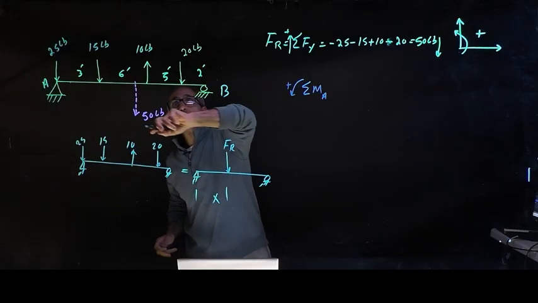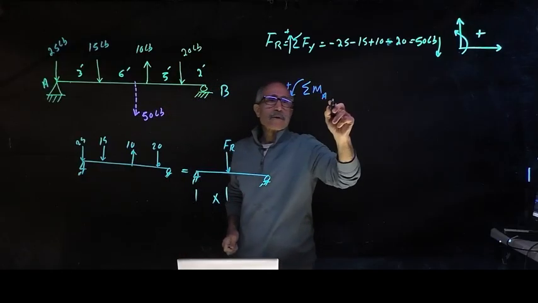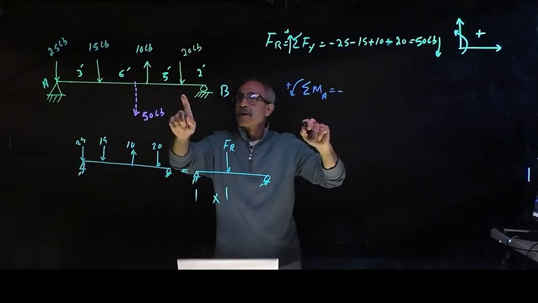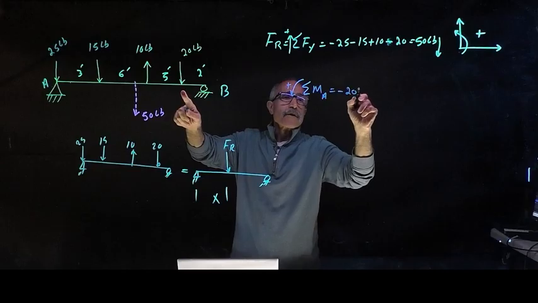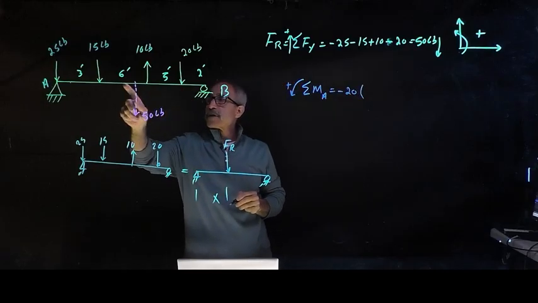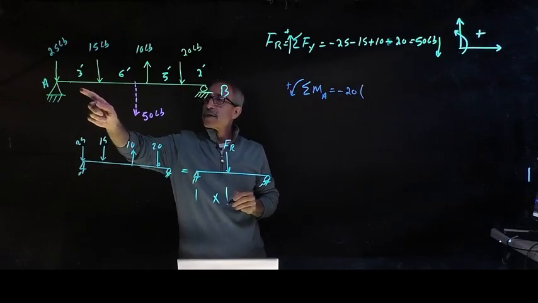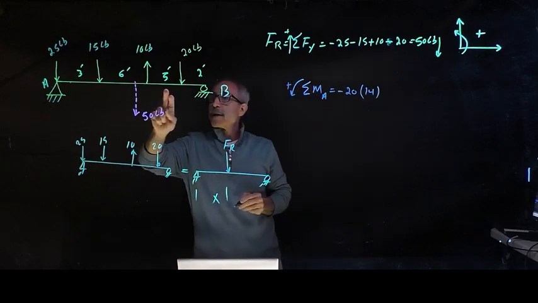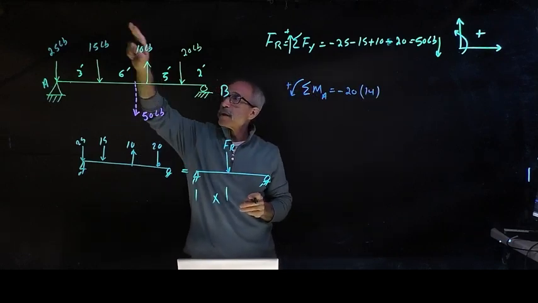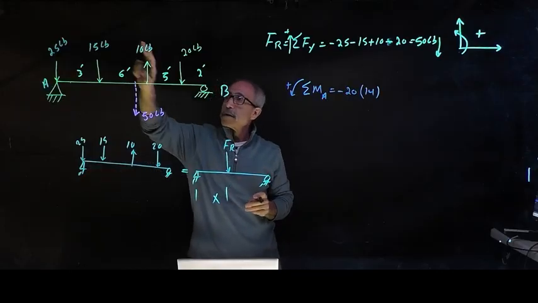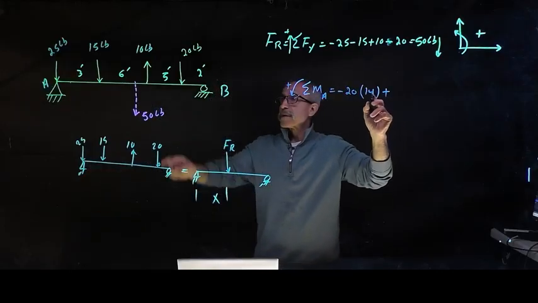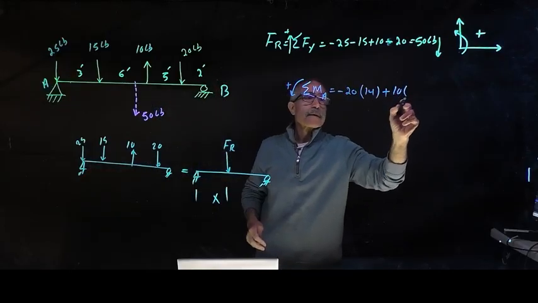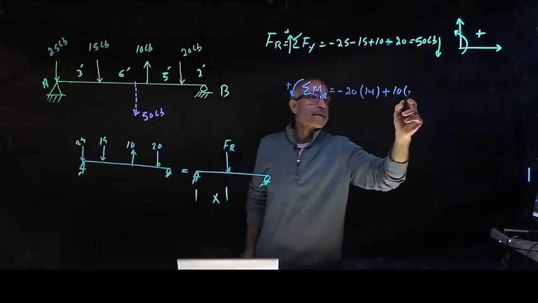So this is clockwise, so it's equal to minus 20. The perpendicular distance is 5 and 6 is 11, 11 and 3 is 14. Okay? And then I'm going to this force. This force is going up like this, so it's going to be counterclockwise. So it's going to be plus 10 times 6 and 3, which is 9.